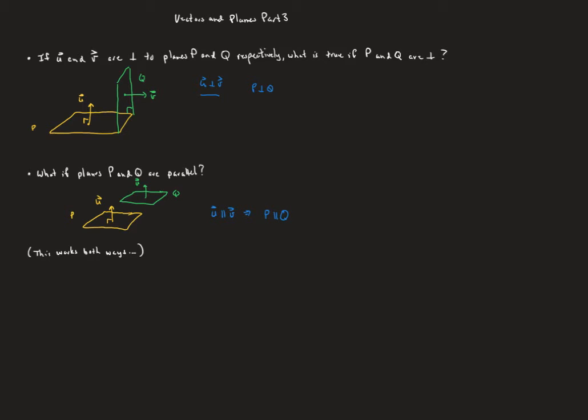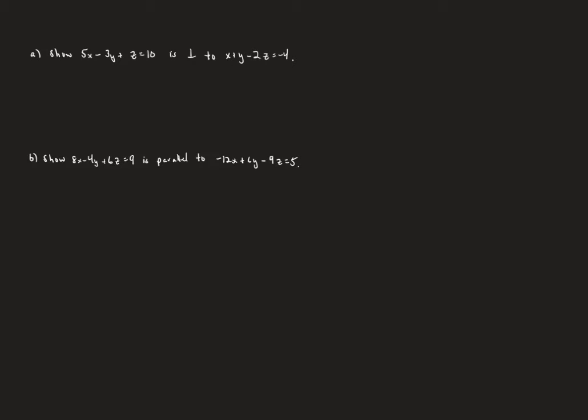Okay, I'm going to go to a new panel and we'll do a little bit of this with some numbers. So here we have some equations of planes. So we're going to try to show that the plane 5x minus 3y plus z equals 10 is perpendicular to x plus y minus 2z equals negative 4.